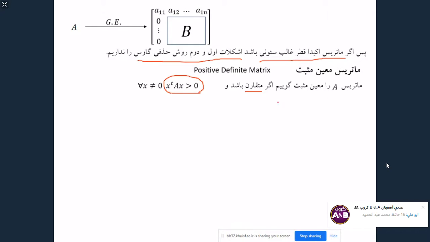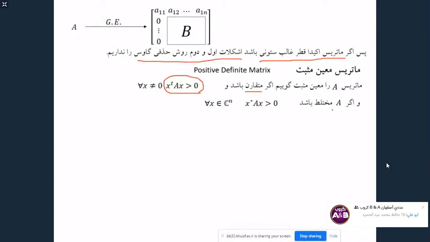If a matrix has two properties, symmetric and x transpose Ax greater than zero, it is positive definite.